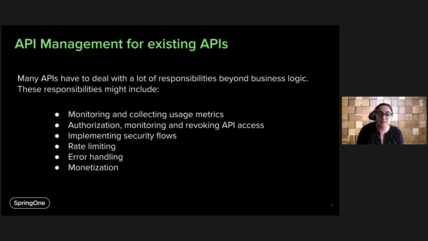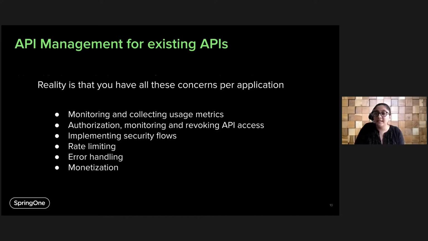These responsibilities might include monitoring and collecting usage metrics, authorization, monitoring and revoking API access, implementing security flows, rate limiting, error handling, and monetization, among a few. As you can see here, none of these really relate to the core business logic, but you need to have a collection of these features in order to make a functional, production-ready API.